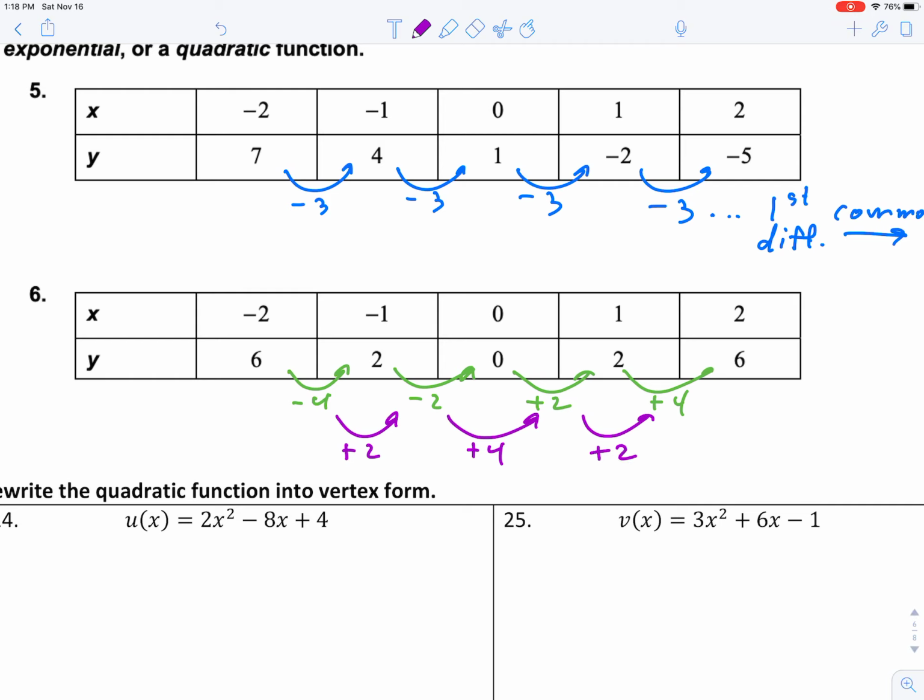Okay. This one doesn't have a second common difference either. And if I check, really you would have to multiply 6 by 1/3. And if I multiply 2 by 1/3, I don't get 0. So this one won't be exponential. It's not a first common difference. It doesn't have a second common difference. So it's neither.